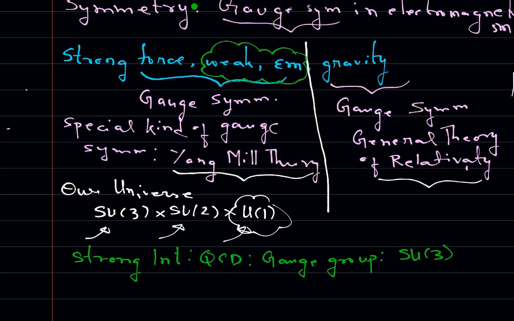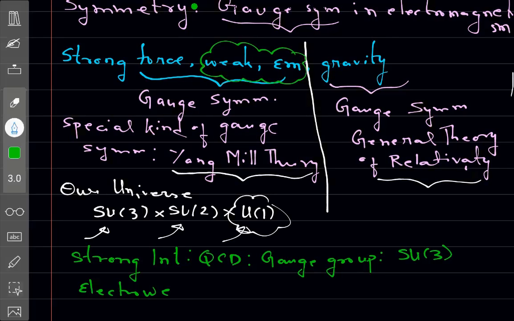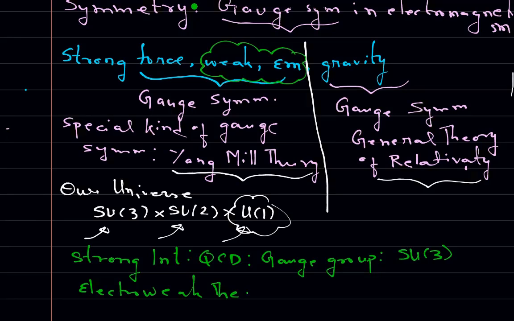The first unification happened with weak interaction and electromagnetism, and the unified theory is called electroweak theory. The gauge group for electroweak theory is SU2 cross U1.